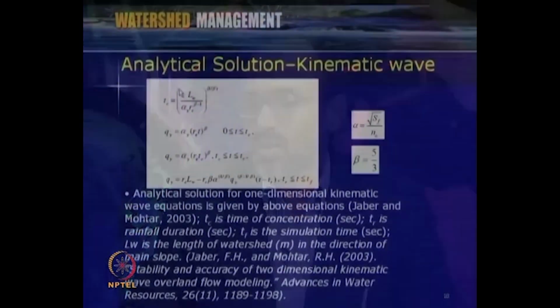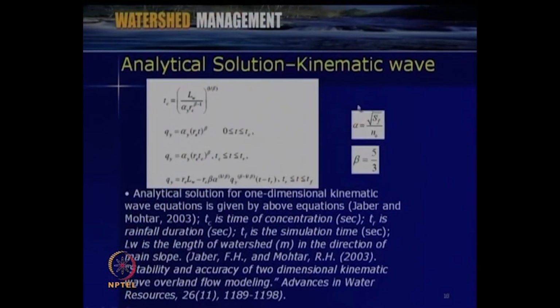Now, coming back to watershed modeling. Say for example, if we consider the kinematic wave form of the Saint-Venant equations, as I mentioned, we can either go for the analytical solution. Here the analytical solution for the 1-dimensional case is given by Jaber and Mokhtar, as published in Advances in Water Resources in 2003.